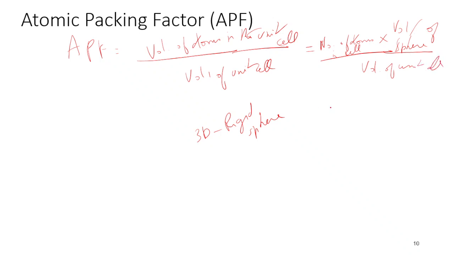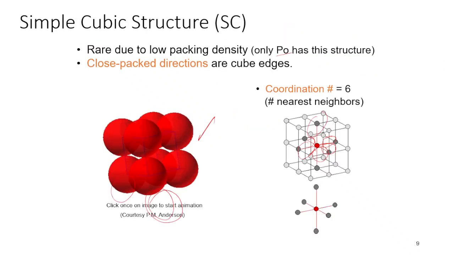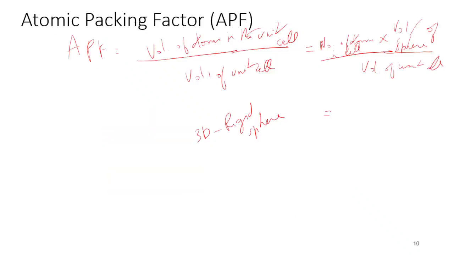How many atoms are there in this simple cubic structure? Can we tell? 1, exactly. How did we get this number? We have 8 corner atoms, and in the unit cell only a portion of each atom exists.